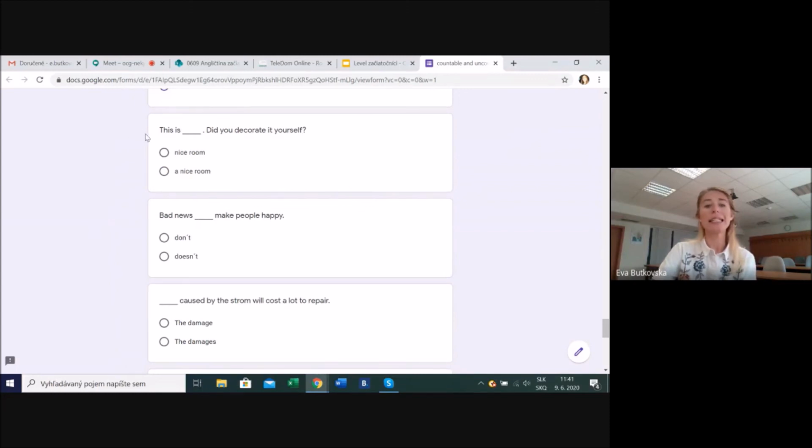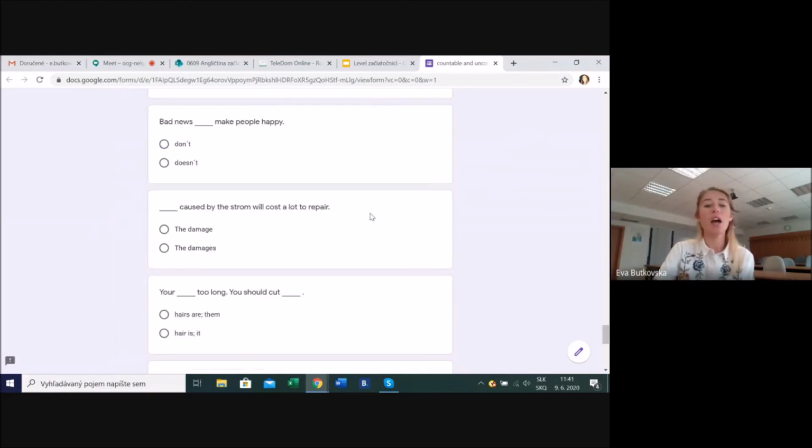What about next one? This is, did you decorate it yourself? So this is a nice room, exactly, because I'm talking about room in the house, not space. Very good. What about next one? Bad news make people happy. So remember, we said news, now news is uncountable. But is it singular or is it plural? Do we use bad news don't or bad news doesn't?